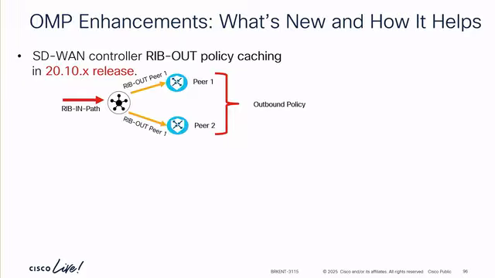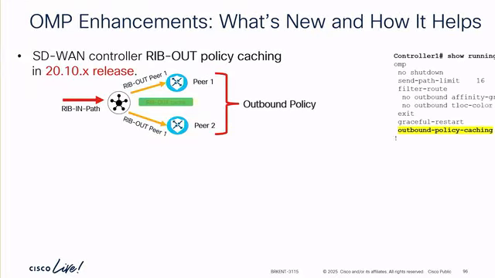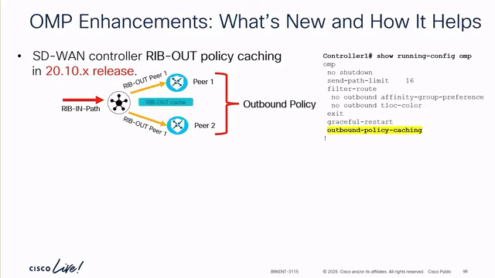The enhancement we made in 20.10 is that once that outbound control policy is evaluated for one peer, it is cached, and if the same sequence of the same policy is used for different peers, instead of re-evaluating that policy again and again, we use the information from the cache and just apply that. That feature is always enabled in 20.10. That is the outbound policy cache.